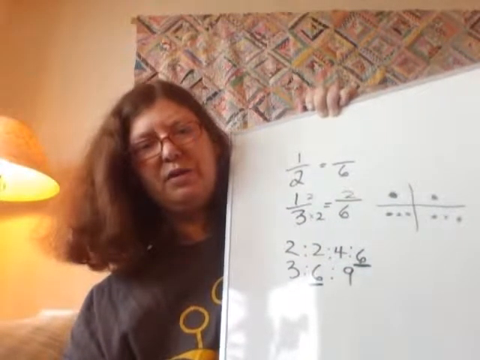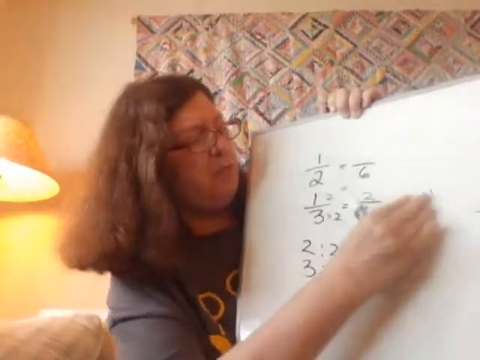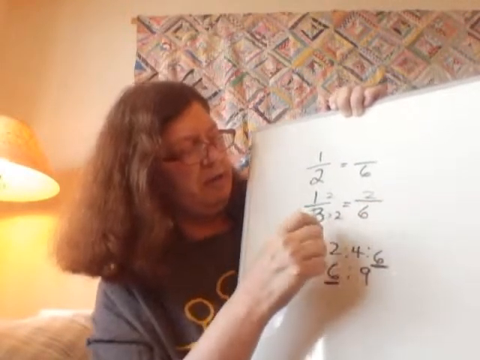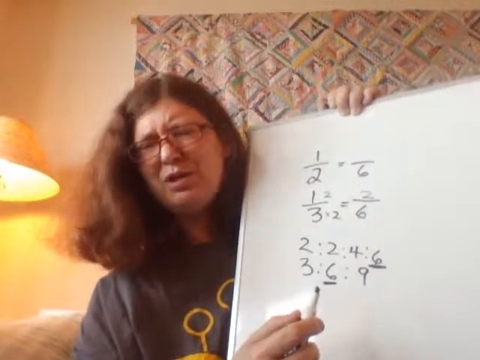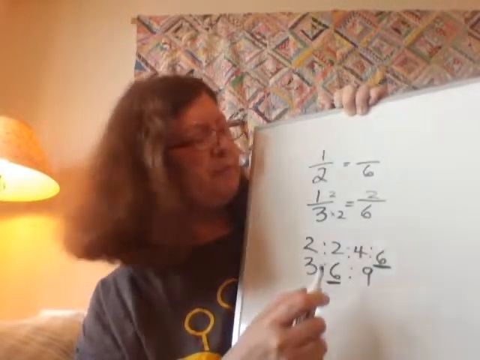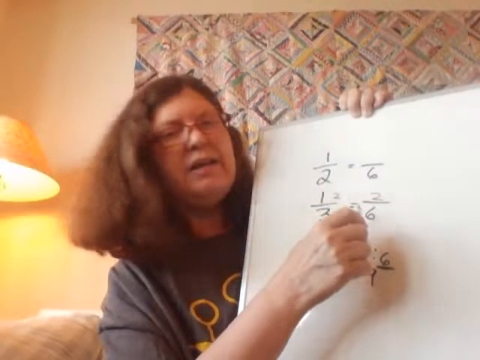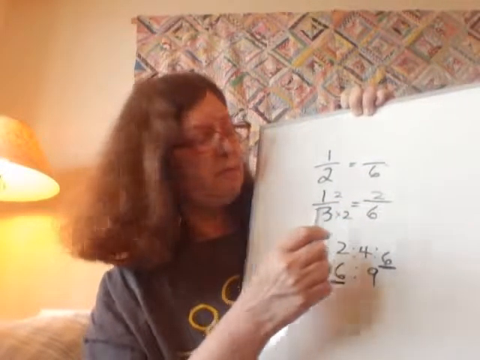More important is asking 3 times what is 6, and doing the same thing to the top. Why do we do the same thing to the top as we do to the bottom? So that we maintain the same ratio of top to bottom.